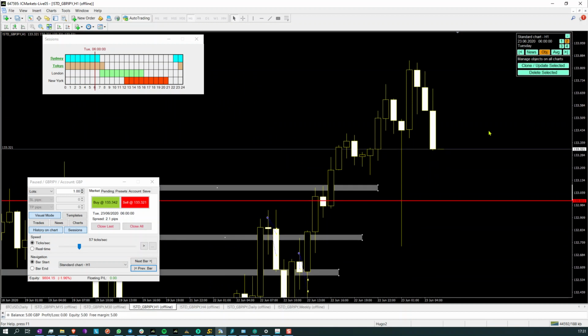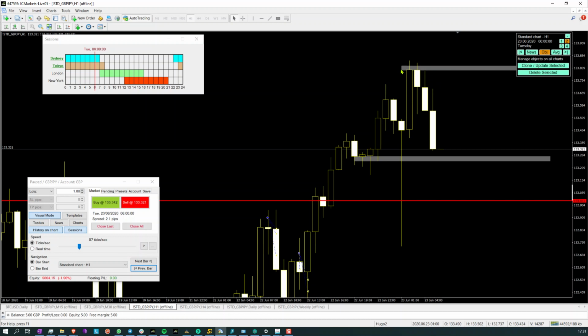So in the 1 hour, we have this bullish area and this bullish. This is quite nice.